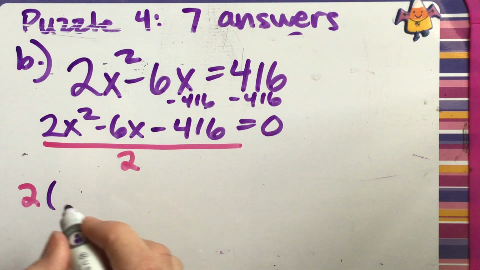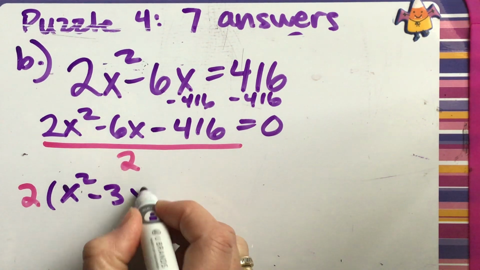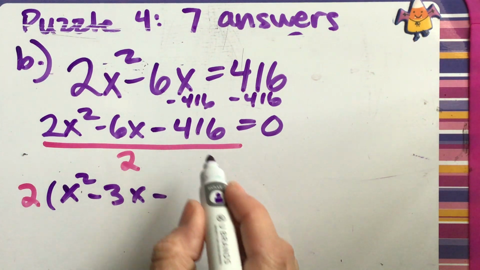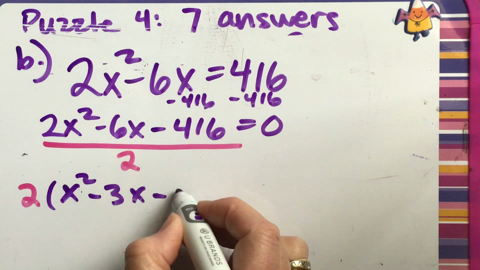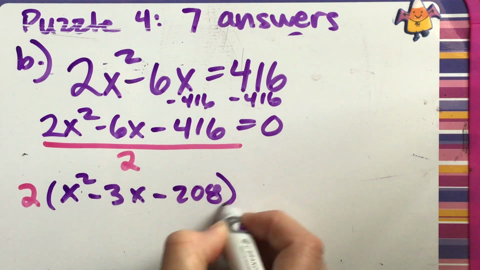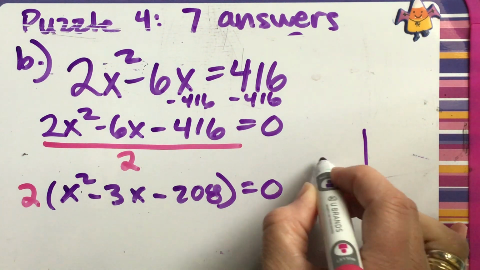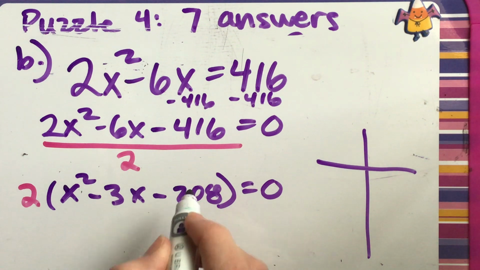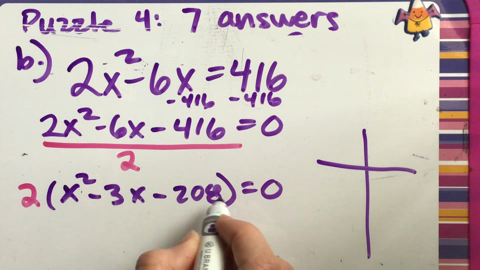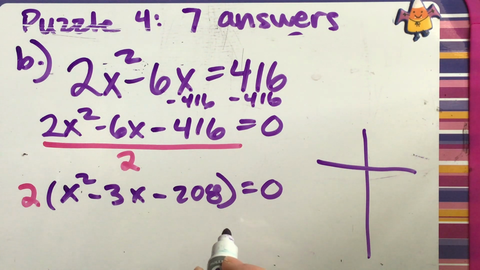And then what's left over is x squared, because I'm going to divide it out, minus 3x, minus, well, half of 400 is 200, half of 16 is 8, so I'm going to end up with 208 equals 0. Now I can do the product sum game. My advice: you can even Google factor pairs of 208, and try to see which ones, when you combine them, are 3 apart.